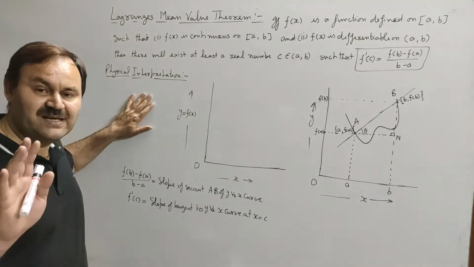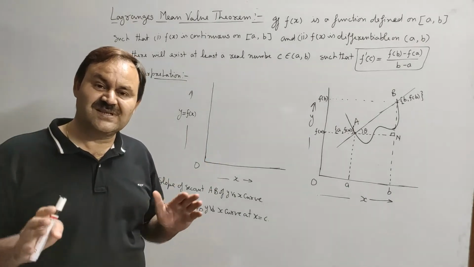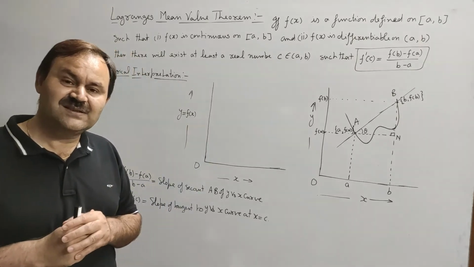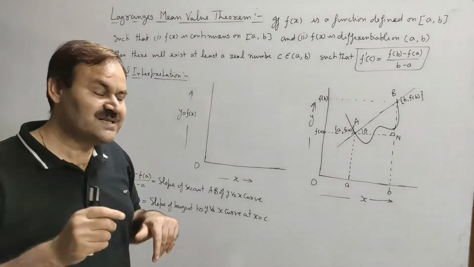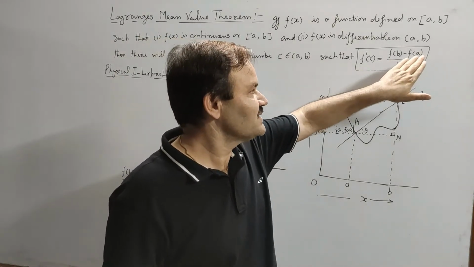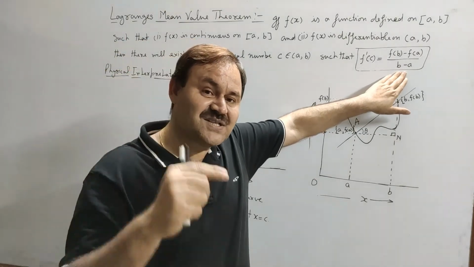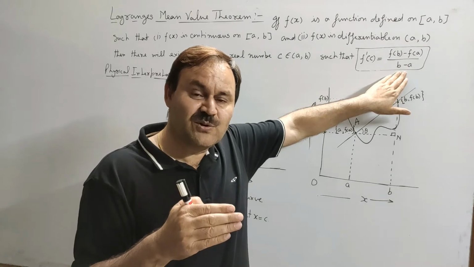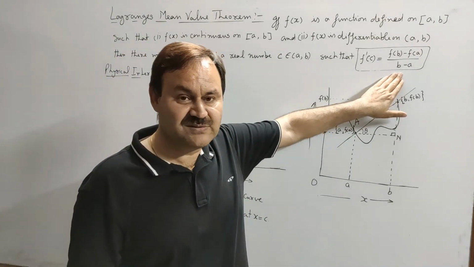Lagrange's mean value theorem states that if a function f(x) defined on closed interval [a, b] is continuous in the closed interval [a, b] and also it is differentiable in the open interval (a, b), then there will always exist at least a point c between a and b such that the differentiation of the function at that point, f'(c), will be equal to f(b) minus f(a), that is the value of the function at the upper extreme of the interval, minus f(a), that is the value of the function at the lower extreme of the interval, divided by b minus a, the uppermost value of the interval minus the lowermost value of the interval.